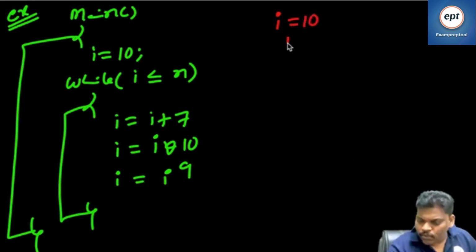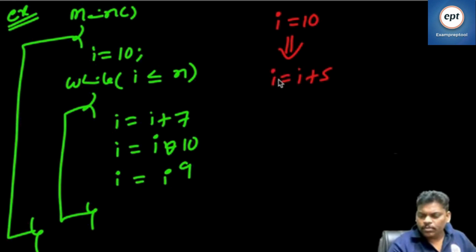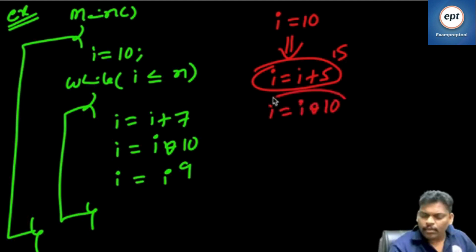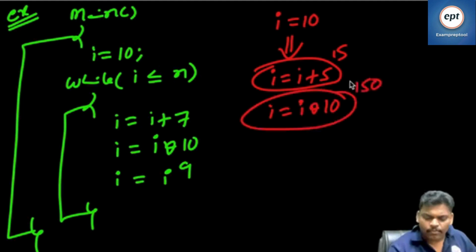If I is equal to I plus 5, it became 15. Next one, I is equal to I into 10. 15 into 10, it became 150.